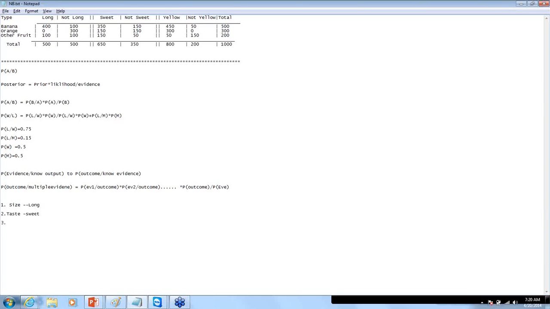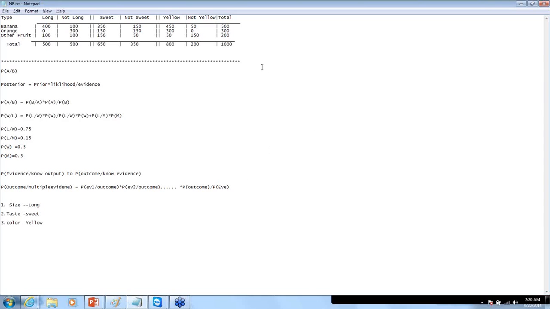And the third is color, whether the color is yellow or not. These are the three characteristics we know in advance before starting our naive Bayes classifier.